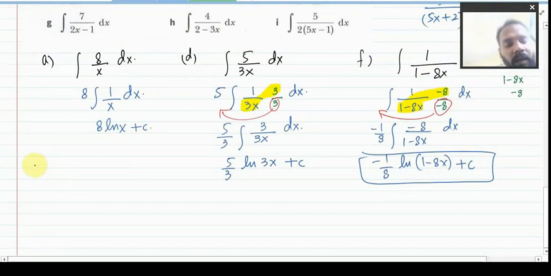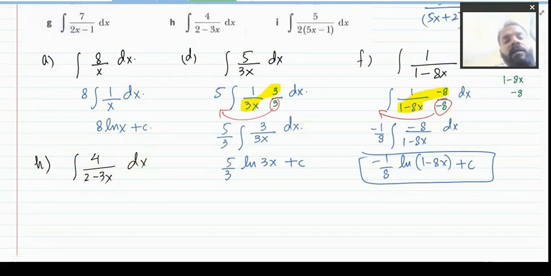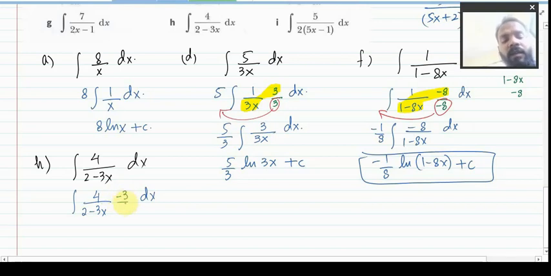Part H. It says integral of 4 divided by 2 minus 3x dx. Alright, first focus. I'm going to write down the question again: 2 minus 3x dx. What is the derivative of the function that is present in the denominator? It's minus 3, right? So we need to multiply and divide by minus 3.